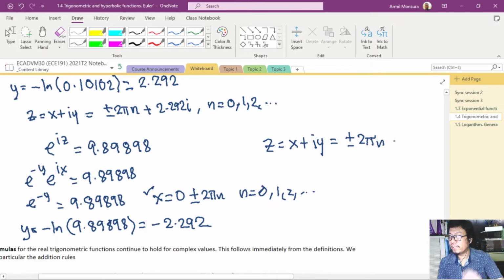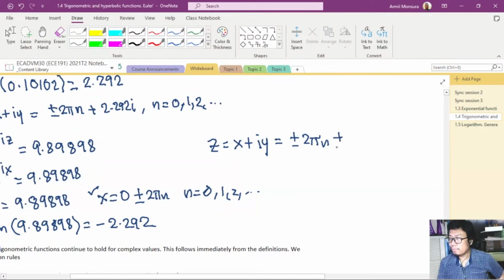Then plus or minus, the plus originating from the first half of the solution of your quadratic equation, while the negative originates from the second half. So this one and this one. So this is plus or minus 2.292i, which is defined for n equals 0, 1, 2, and so on.